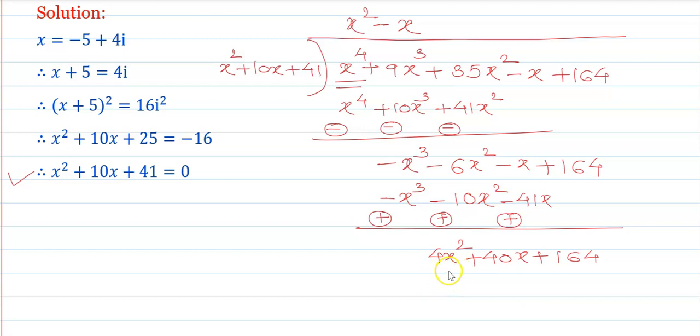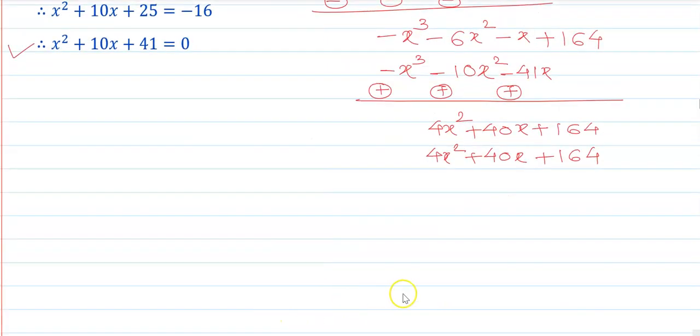To get here 4x square, we have to multiply this x square by 4. Okay, here is a 4x square plus 4 into 10, you will get here 40x. 4 into 41, here is a 164.